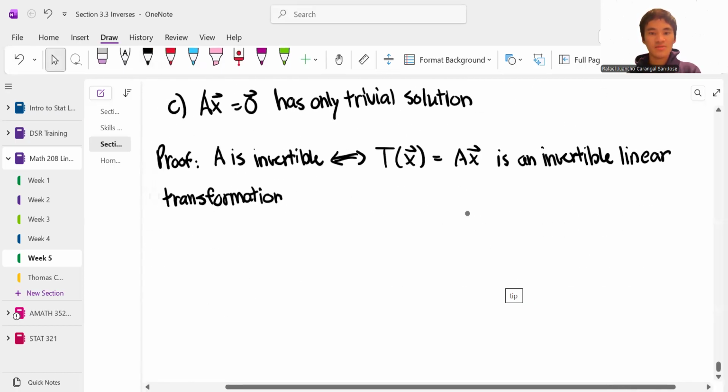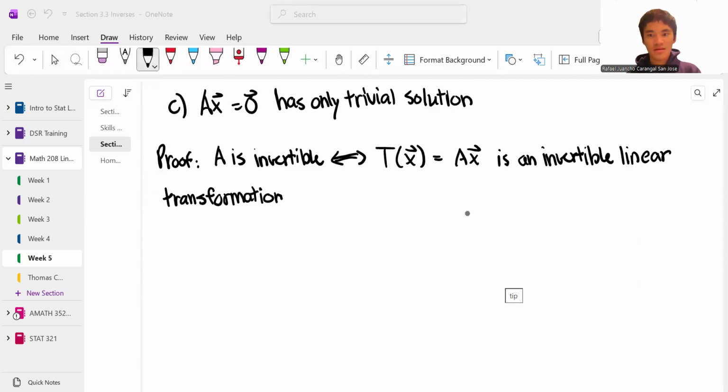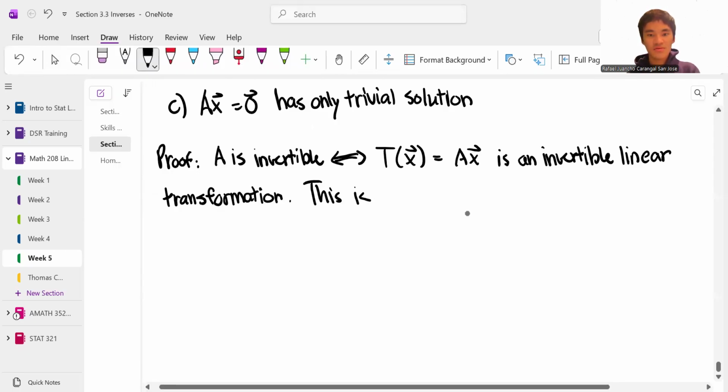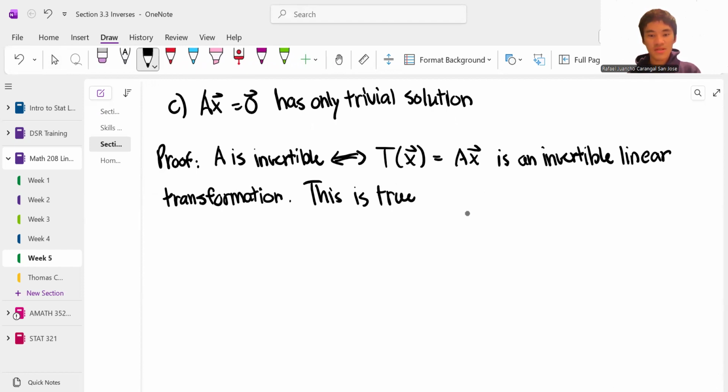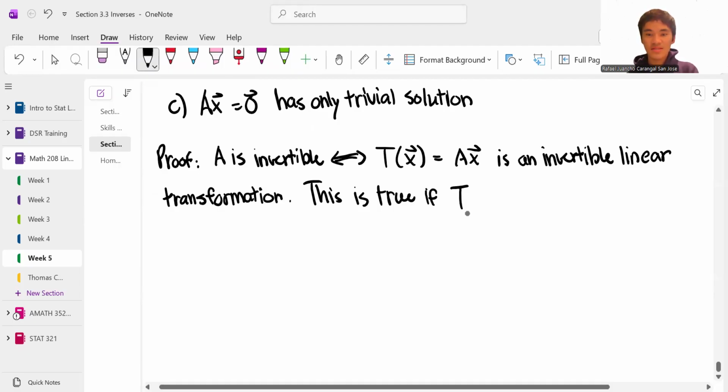What else can we say about it? So we only know that this thing is true. It is an invertible linear transformation. And we've discussed this: is it an if and only if? Oh, it is an if and only if.